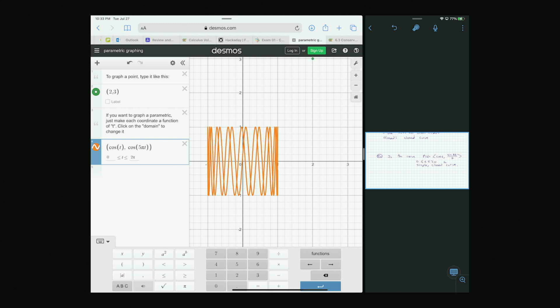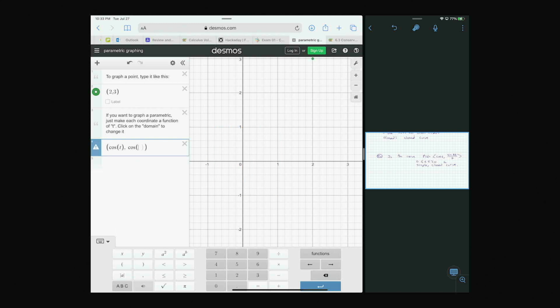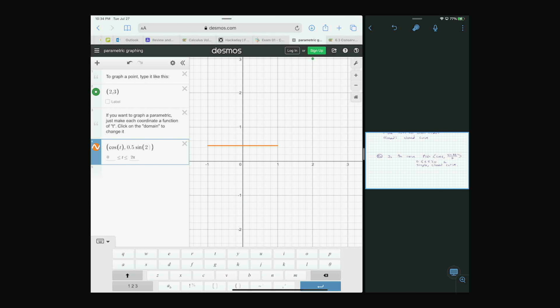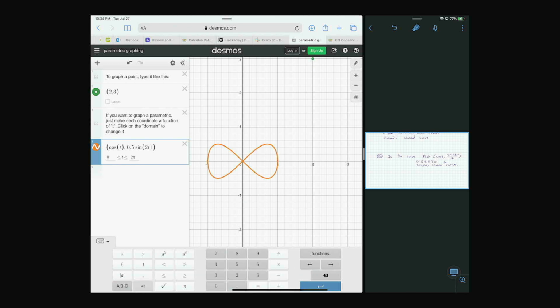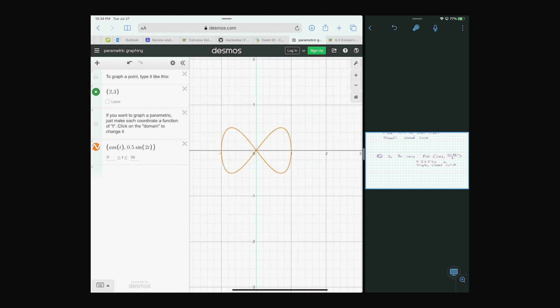Then for the y value, we want sine 2t over 2. So I'm just going to go 0.5 because I'm lazy. Functions sine 2t, close parentheses. Okay, so obviously we just graphed it right here.